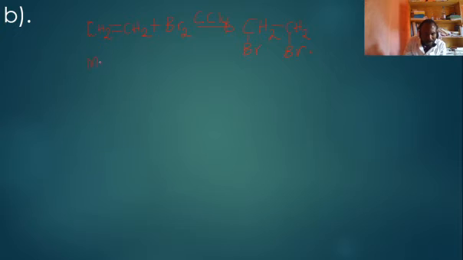What is the mechanism for this reaction? Mechanism. Now you see that bromine and bromine atom here. Remember the solvent here is carbon tetrachloride.